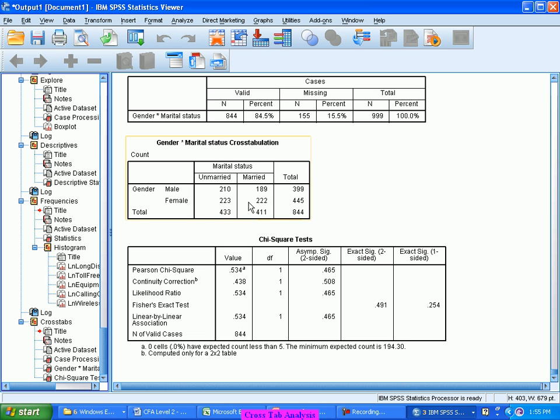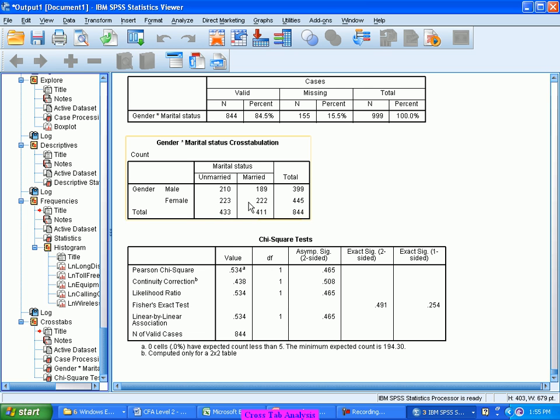This is how the chi-square value is computed; in the simple case I can do the computation for you. There is an expected number. For these four cells, male unmarried, male married, female unmarried, female married, the expected numbers are computed as follows.